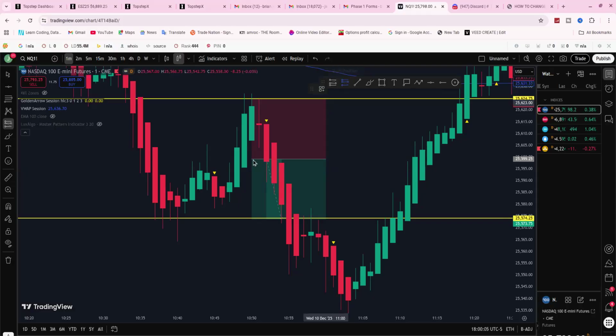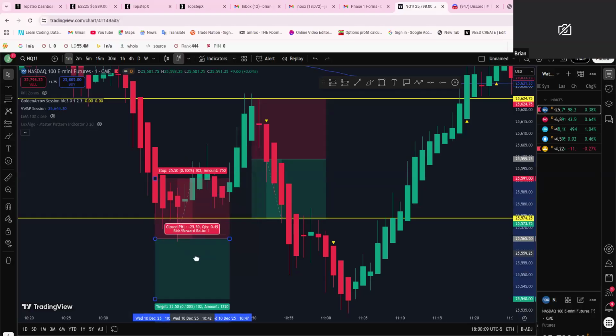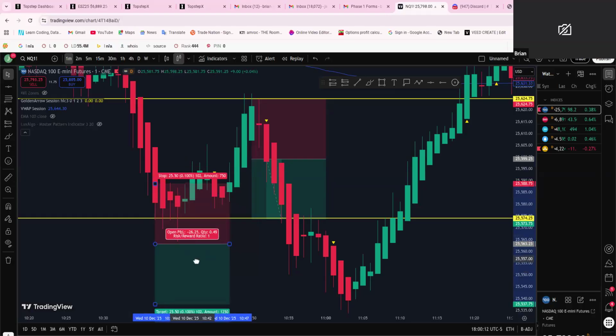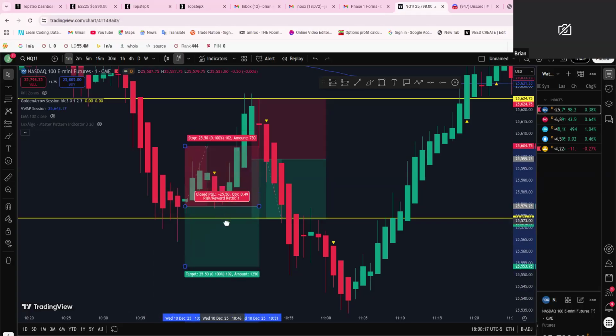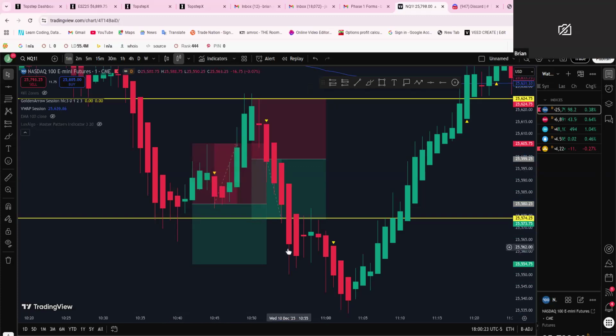I'm sorry, what did you say? I said it was two trades that I took today. I took this one, and I don't even know why I got into that trade. I took this trade right here. Boom. I lost this one because of the size of the doji.